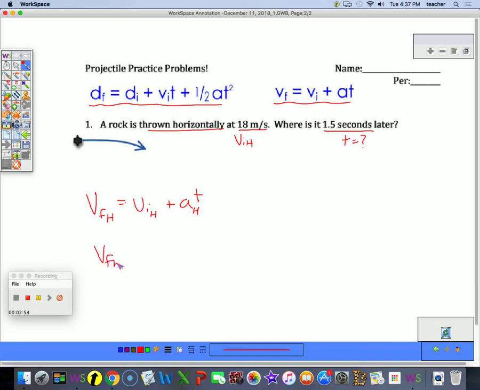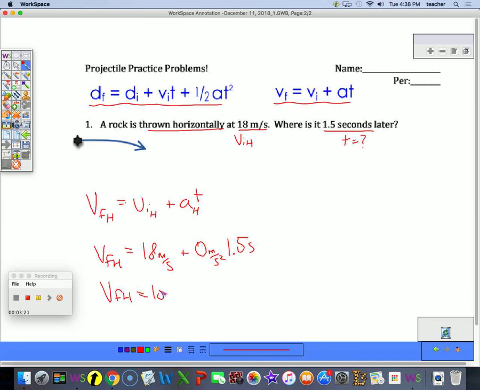So horizontally, I know the speed. And this just describes that the horizontal speed is always 18 meters per second. Let's think about what's happening vertically. VF vertical equals VI vertical plus A vertical times T. At the beginning, it starts off only with the horizontal speed, not with the vertical, so the initial vertical velocity is 0.